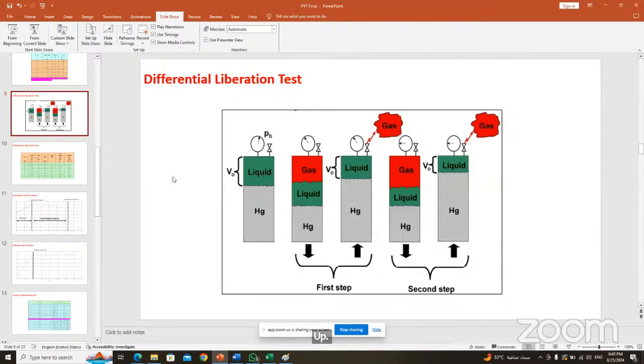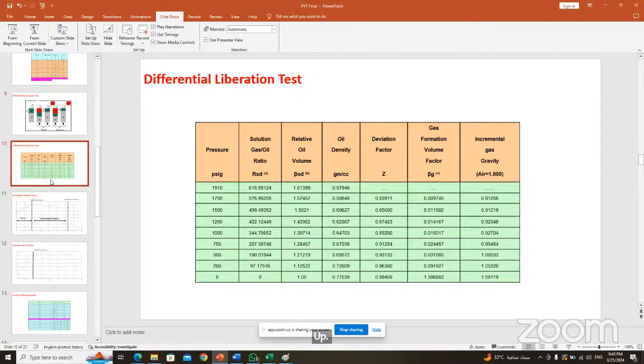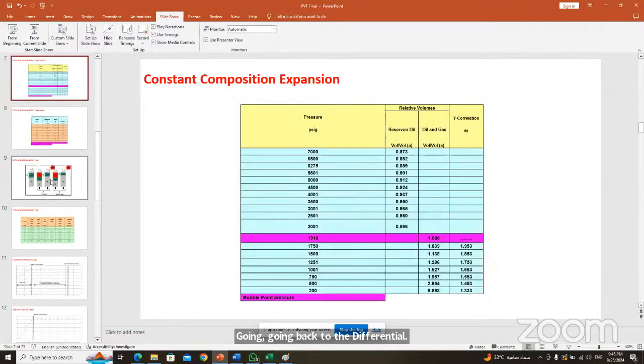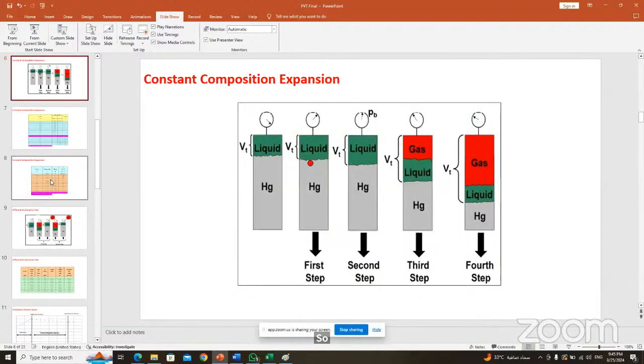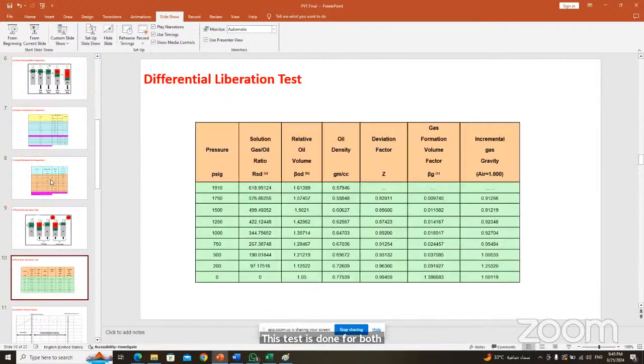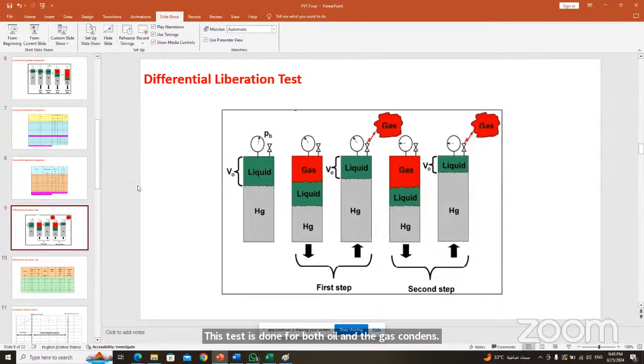Going back to the differential test. The first test was called a constant composition expansion or constant mass expansion, because we don't have to remove anything from the cell. This test is done for both oil and gas condensate reservoirs. The second test is a differential test.